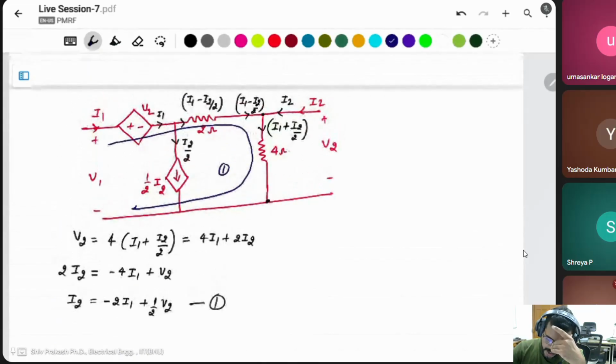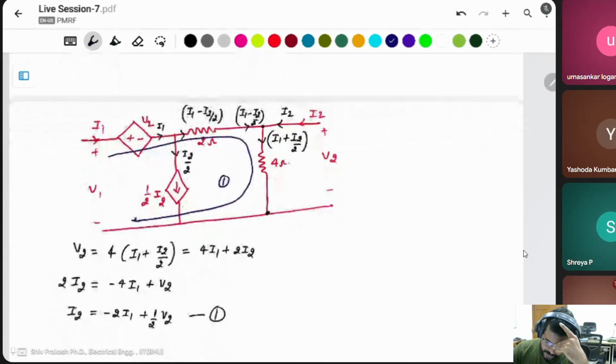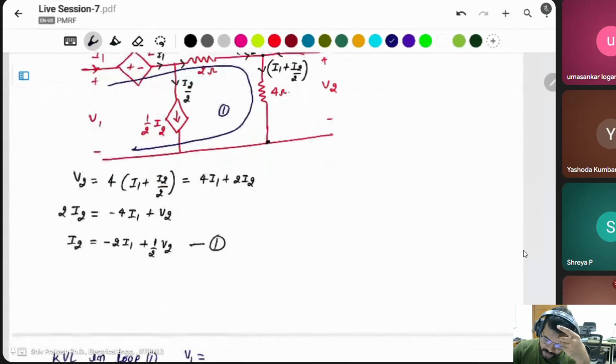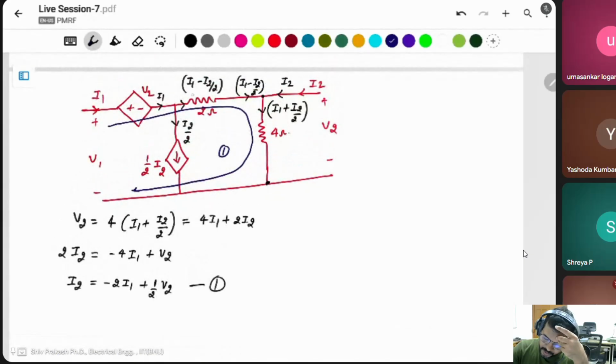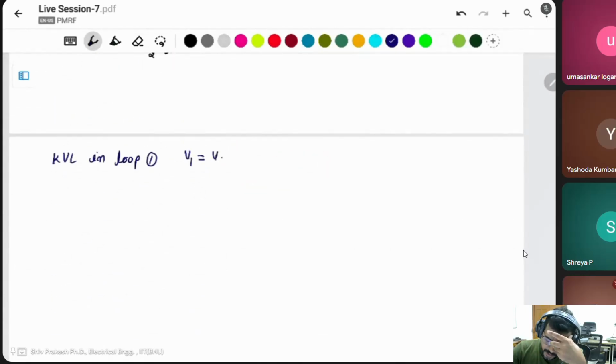KVL in loop 1, started from V1, is equal to all of the V1 is equal to first, this is given as V2, then plus V2, then plus 2 into this current plus 4 into this current. Okay, V1 equals V2 plus 2 into that current I1 minus of I2 by 2 and plus 4 of this current I1 plus of I2 by 2.